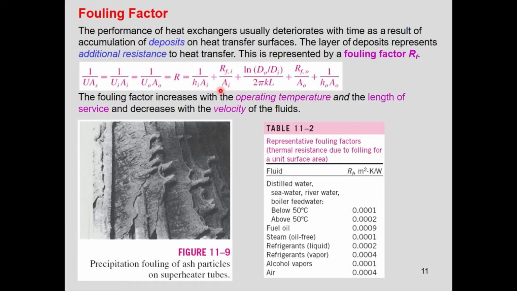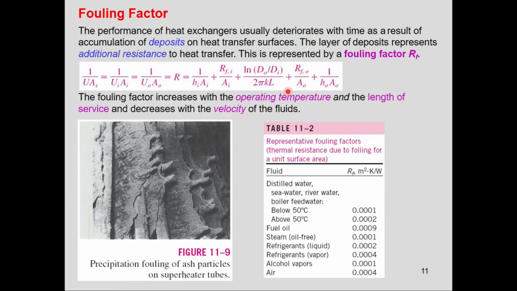So this is the additional resistance because of the deposition of salt inside the inner tube, right, and this is the additional resistance which is due to the deposition of salt on the outside of the inner tube, right.